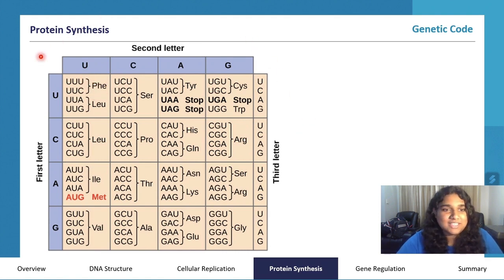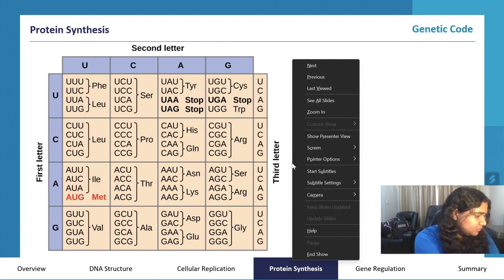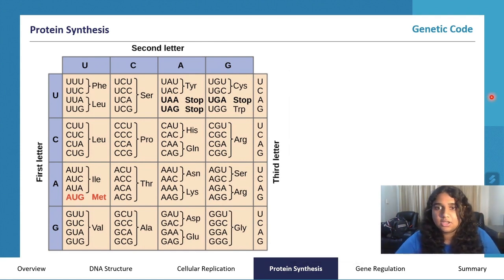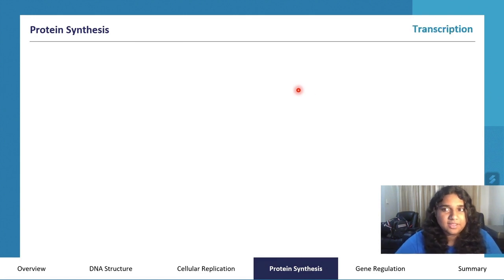You'll be given this table in any exam questions relating to protein synthesis, if you need to get the amino acid chain that is produced at the end of the process. I'm not going to dwell too much on this, but it's something that you will need to get acquainted with quite quickly.